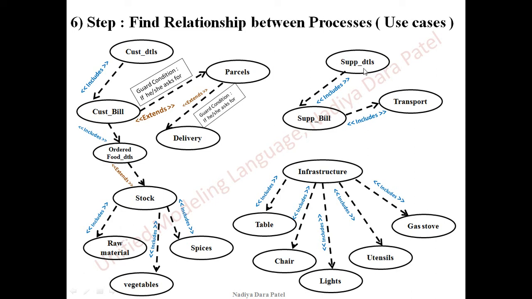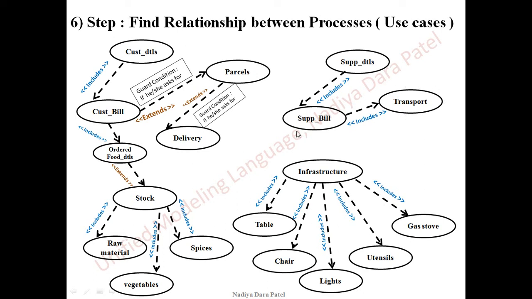The next relationship I found was that supplier details are included in the supplier bill. Supplier bill includes transport, so transportation charges they are going to apply. Is there a need to place a separate use case for transport? We can include it inside, so there is no need to place it separately.